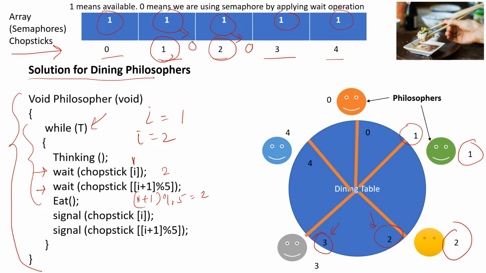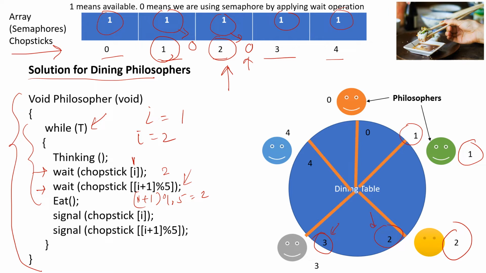Because what is the value of index 2 here? It is 0, and 0 indicates that chopstick 2 is not available for any other philosopher because philosopher 1 is already using that chopstick. So philosopher 2 will keep waiting for chopstick number 2. By using this solution, we can allocate one chopstick to only one philosopher at a time.